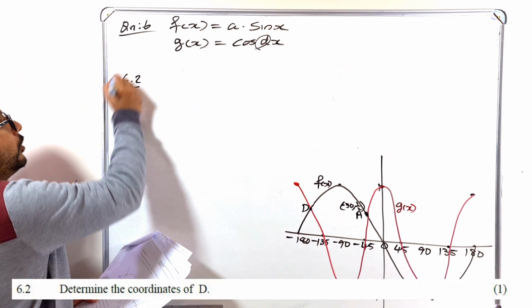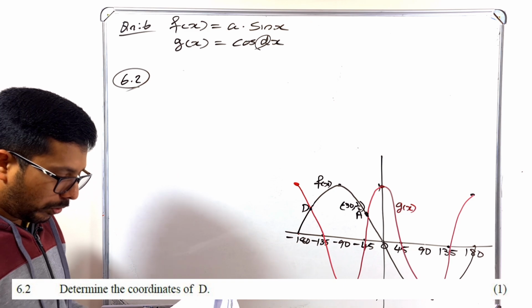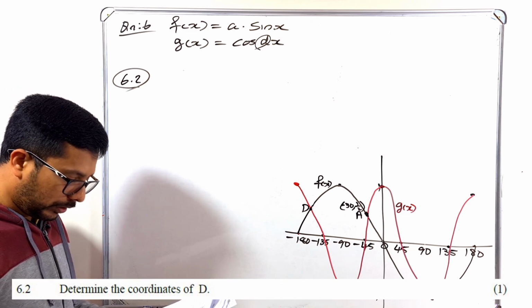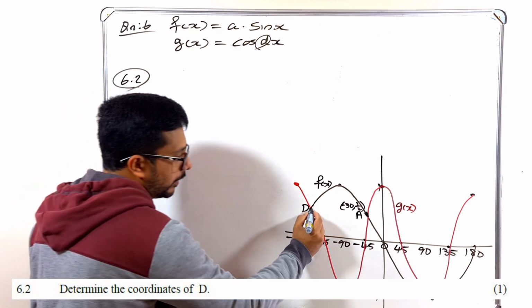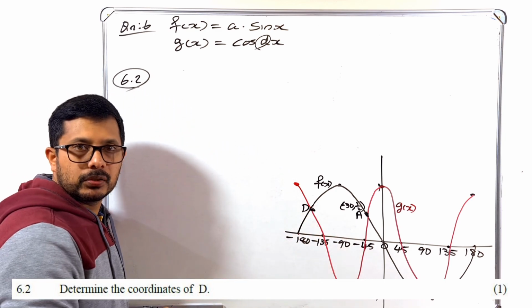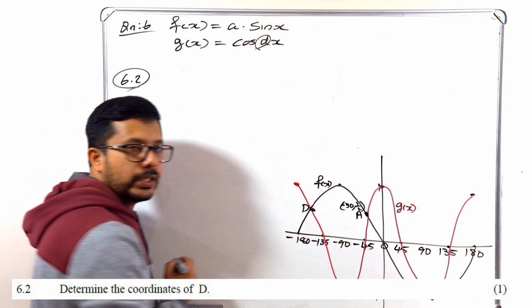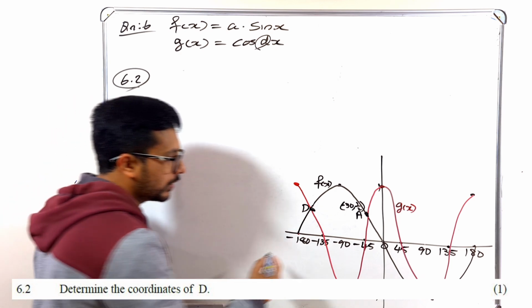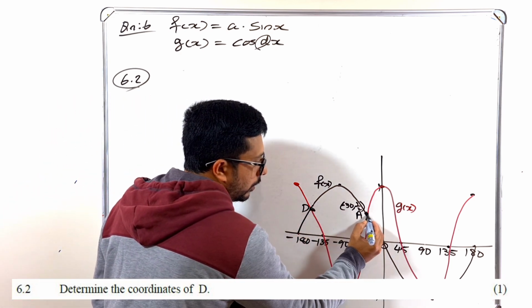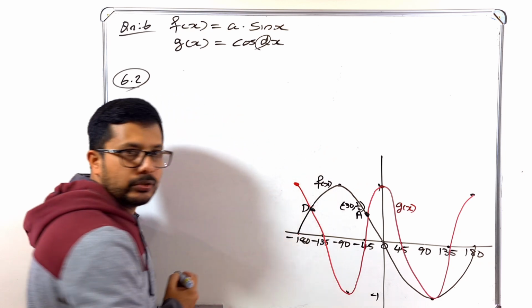Now let's move to the next question, 6.2. Question number 6.2. Determine the coordinates of D. You have to find the coordinate of D. So here this is the point D. You can see this point D is an intersecting point of both f of x and g of x. At this point, what is the y value?